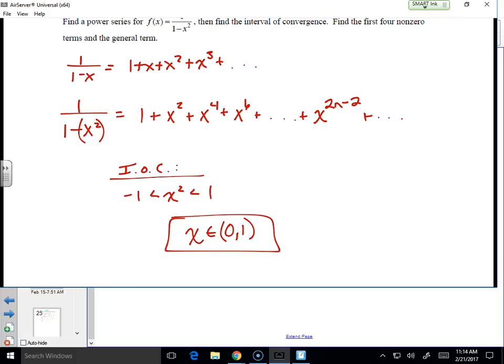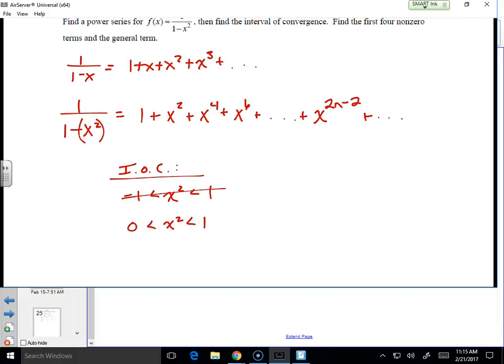You can't go below 0. Oh, I technically can though. Hold on, I can actually set this up. Wouldn't it be like negative 1 to 1? We have to think of, because x squared can't actually be 1, or negative 1, right? Can we do open interval?